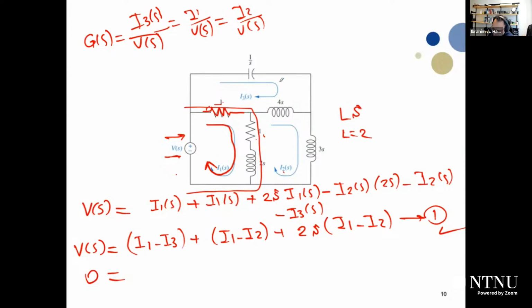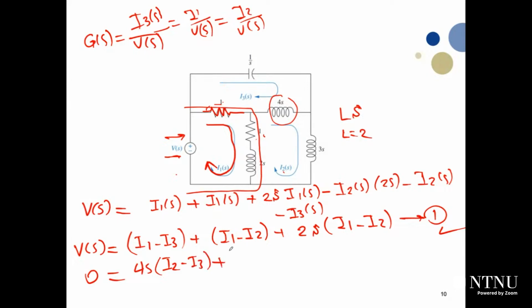Now we will write the voltage across this loop. Starting from, you can select from here, for example. S multiplied by I2. I2 minus I3. Very good. So I2 minus I3. Plus the second part, 3S multiplied by I2.